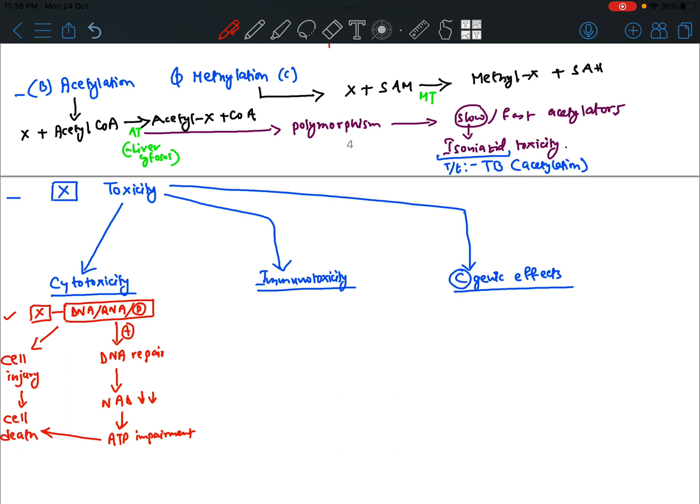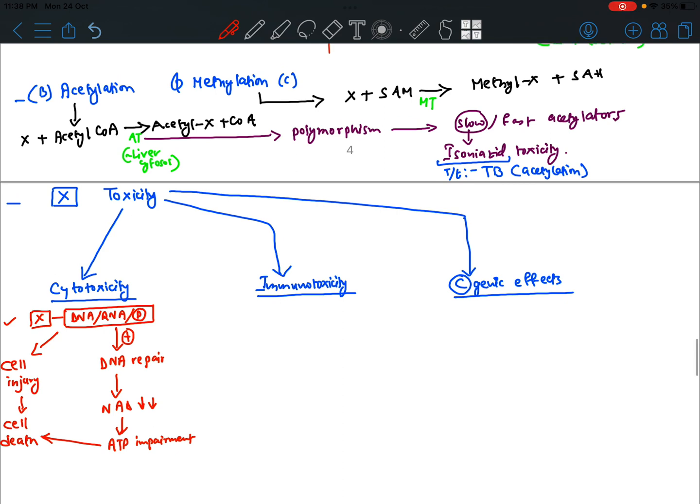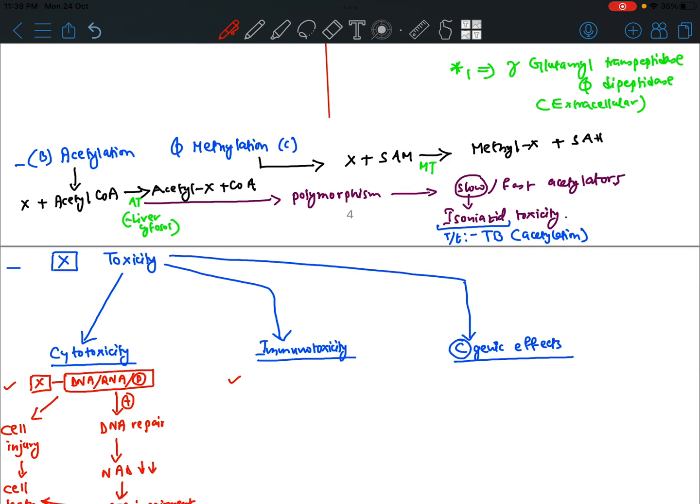Okay. Next we move on to immunotoxicity, right. So what happens in immunotoxicity? The xenobiotic acts as a hapten. What is a hapten?